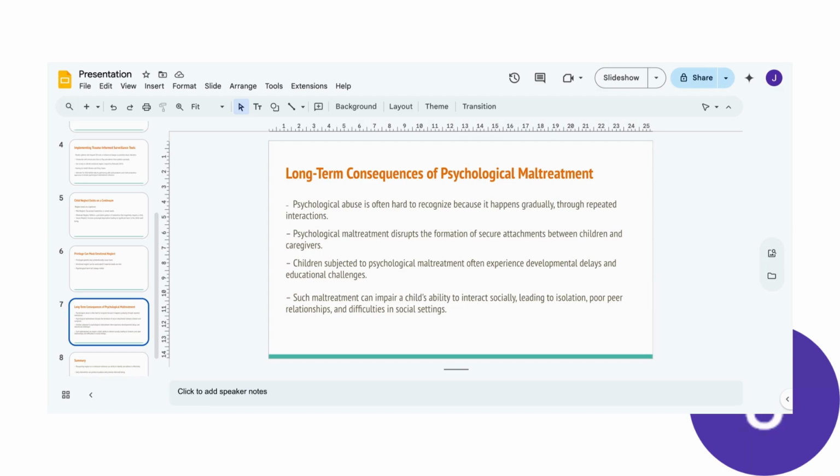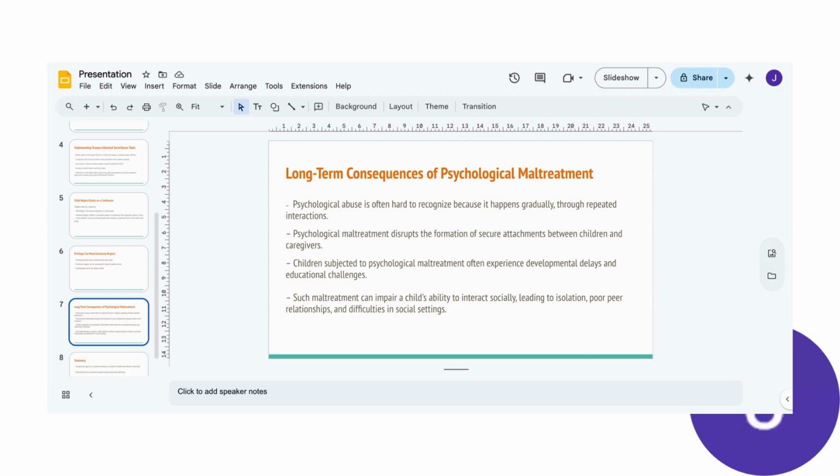The scary part is these kinds of effects often don't show up in the usual data systems we rely on. That's why in the future, I want to push for better tracking of emotional and psychological maltreatment in both child welfare and health records, so we are not overlooking these serious issues.